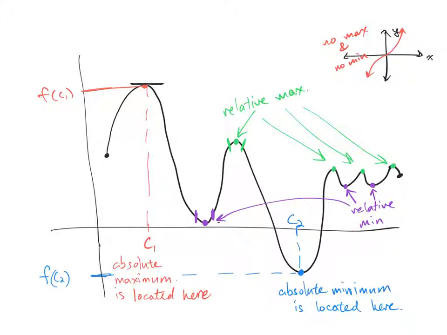If you draw in their tangent lines, something that looks like this all the way across, all of the relative and absolute max and mins for this example have horizontal tangent lines. So all of these tangent lines have a slope of 0. And that's very important, and that brings us to the next definition.